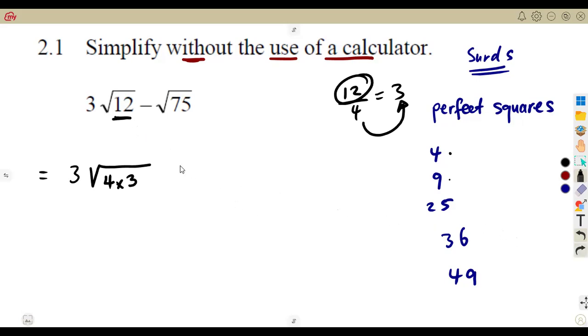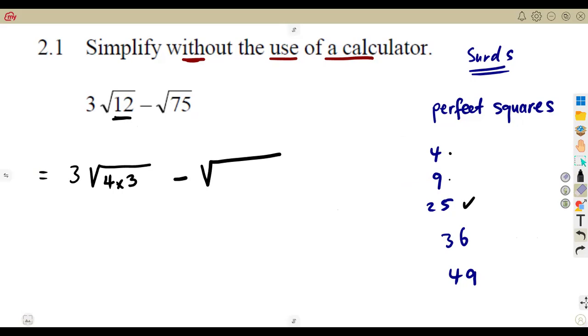You do the same thing on the square root of 75. Can we use a 4? It cannot work. It's going to give you a decimal. You move on to 25. 75 divided by 25 gives us a 3.